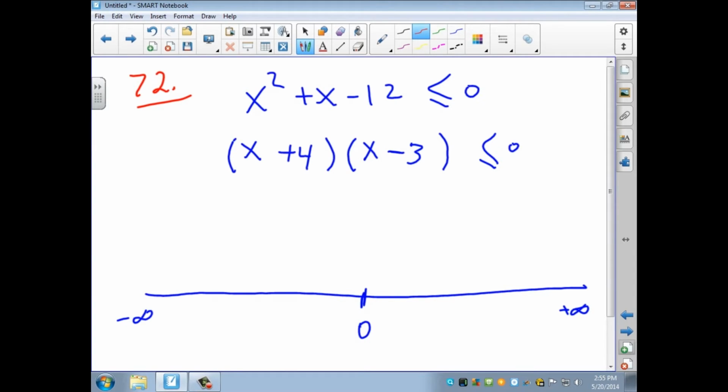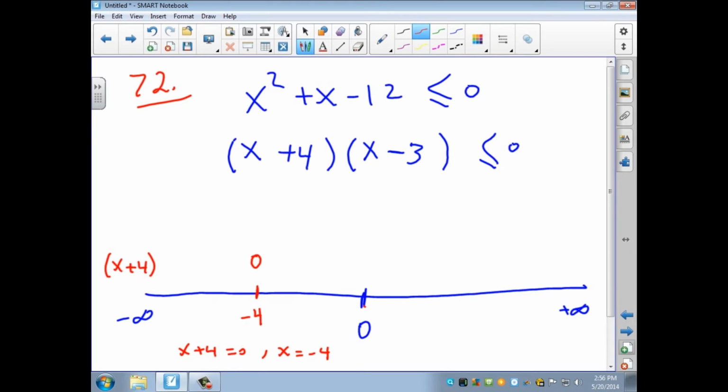So the roots means you set x plus 4 equals 0, therefore x is equal to what? Minus 4. So that's the root of x plus 4. If this is 0, let's say minus 4 is here. So when x is minus 4, x plus 4 would be 0.